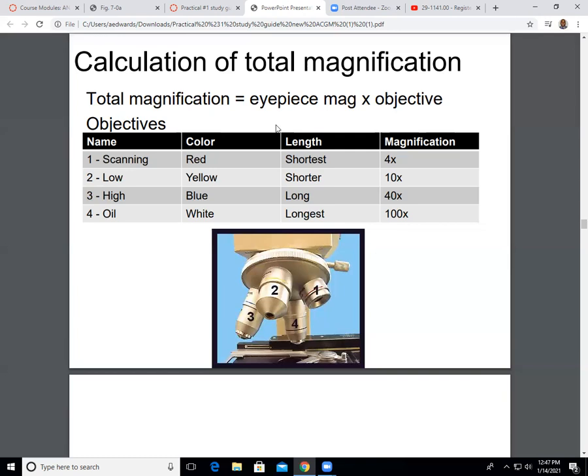For low power, 50x. For high power, 200x. And for oil immersion, 500x. 5 times 100. I just want to make sure you know how the math works on that.